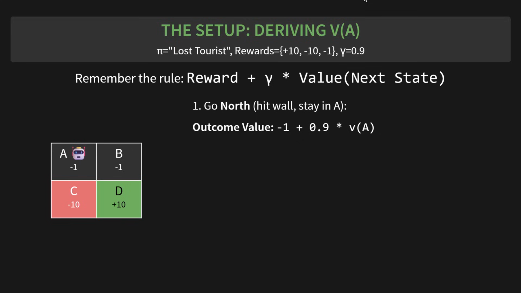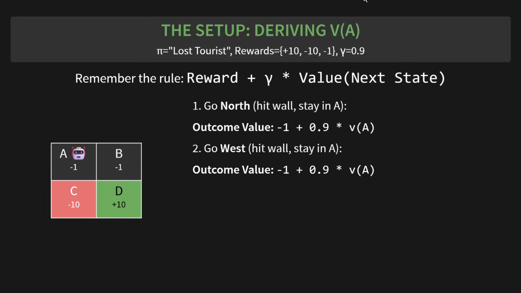You hit a wall, so you stay in state A. The immediate reward for moving is minus 1, and the discounted value of your next state is 0.9 times the value of A. So as you can see on the slide, the outcome value is minus 1 plus 0.9 times V of A. Okay, what about going west from A? Same thing. You hit a wall, you stay in A, so the outcome value is exactly the same. Minus 1 plus 0.9 times V of A.